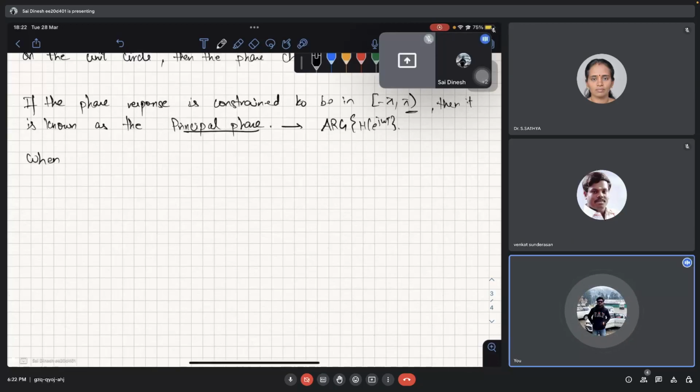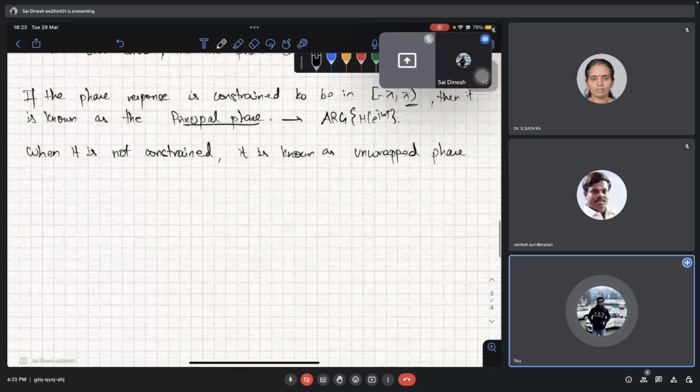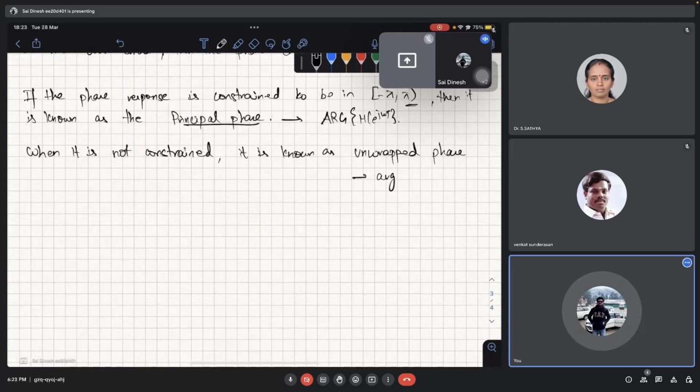When it is not constrained, it is known as the unwrapped phase, denoted as small arg.